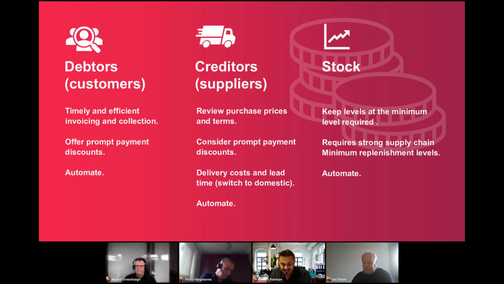The benefit of that is the cash is coming into your business and you can then churn that cash and use it elsewhere. You can also save on any finance costs that you might be using for your working capital. So this might be an overdraft that you don't have to dip into for as long, or a discounting facility which you're not having to utilize.